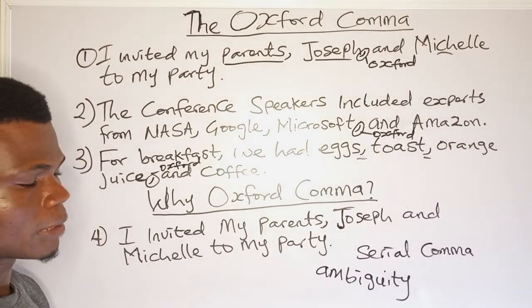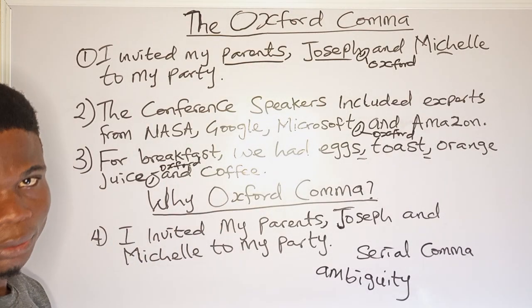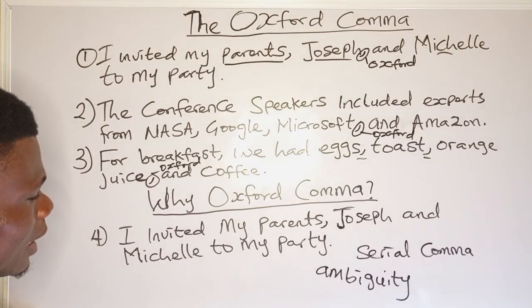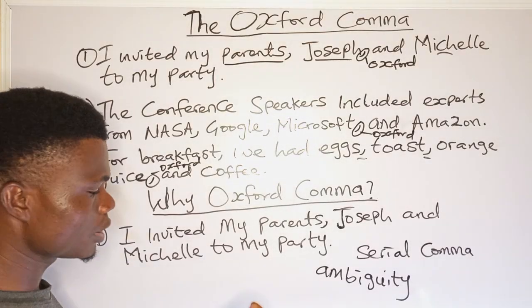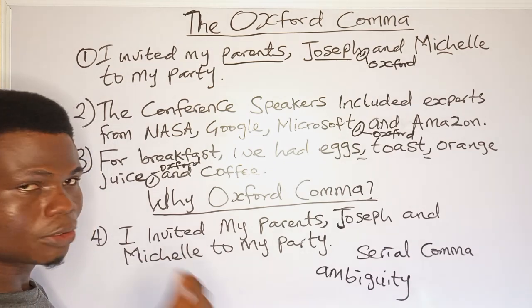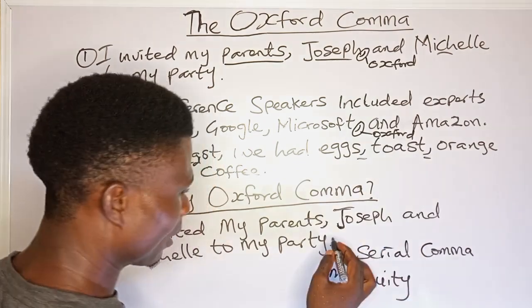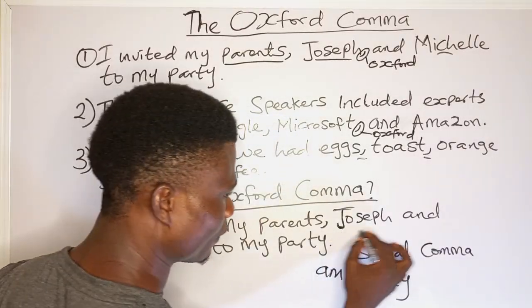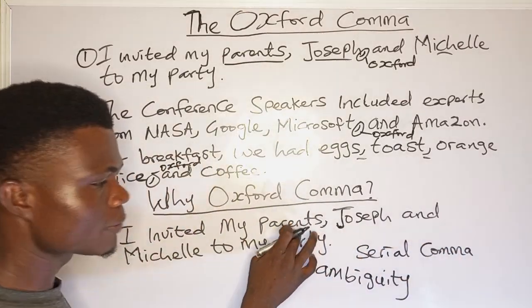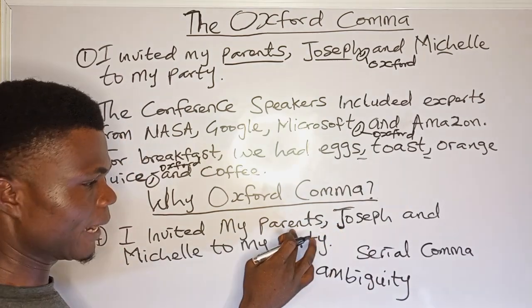In order to explain ambiguity, let's bring back this first sentence that we wrote. I invited my parents, Joseph and Michelle, to my party. Without the Oxford comma here, it could mean that Joseph and Michelle are my parents.